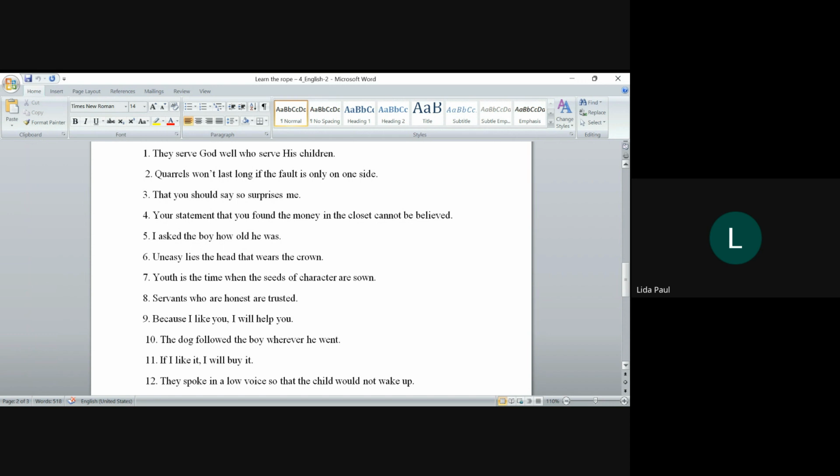What would be the clause? When the seeds of character. Yes, that is a subordinate clause, but what kind? Adverbial. That's what I was looking for from you. Okay, so don't lay yourself to the trap of just looking at the word. This is not an adverbial clause. What is this? Youth is the time when the seeds of character are sown.